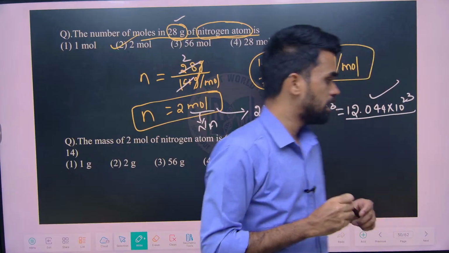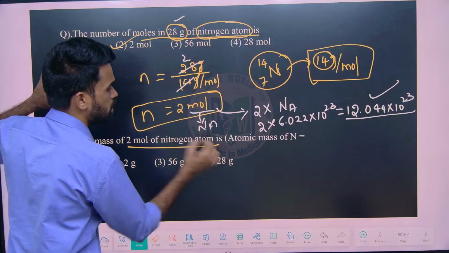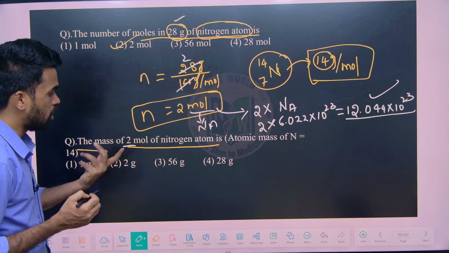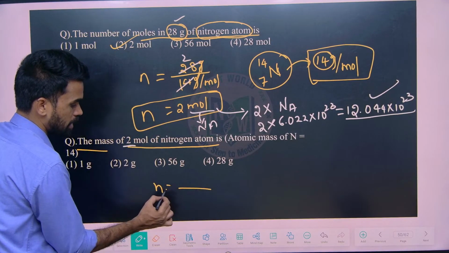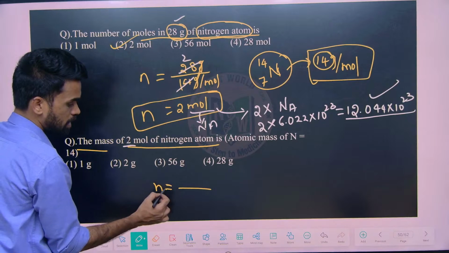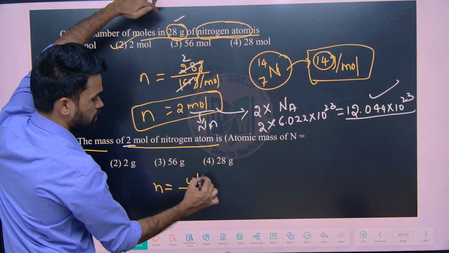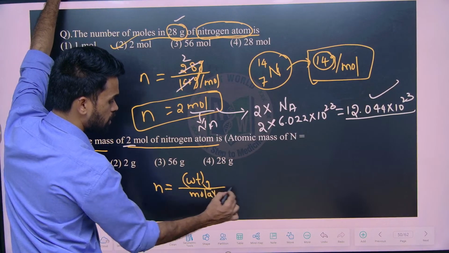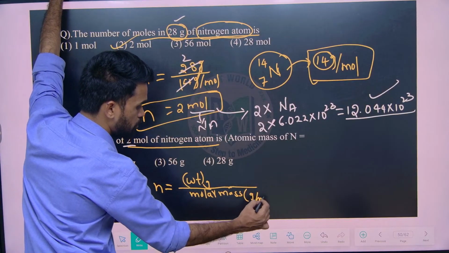Next one: mass of 2 moles of nitrogen atom is. They have given 2 moles of nitrogen atoms. Number of moles is the weight of the substance given in grams divided by its molar mass, which has units of gram per mole.